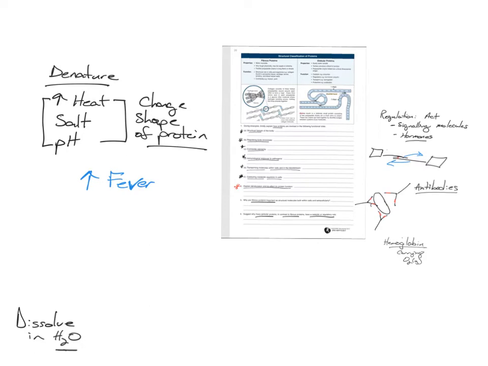But what we're talking about here is those disulfide bridges and hydrogen bonding that occurs in these proteins. If we can keep the fever down, keep the temperature down, we can let the proteins go back to their original shape.